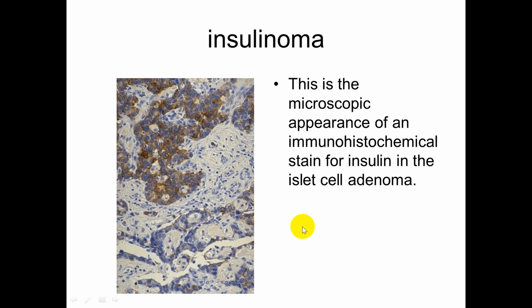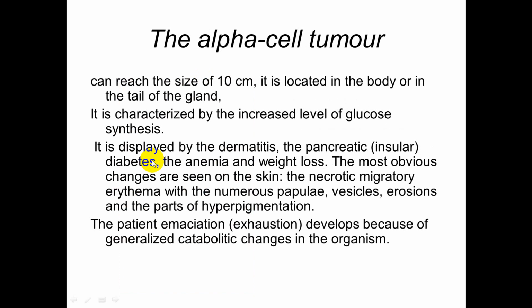In this picture, we demonstrate histological signs of insulinoma. This is a microscopic appearance of the immunohistochemical stain for insulin in the islet cell adenoma. The alpha cell tumor can reach the size of 10 cm.